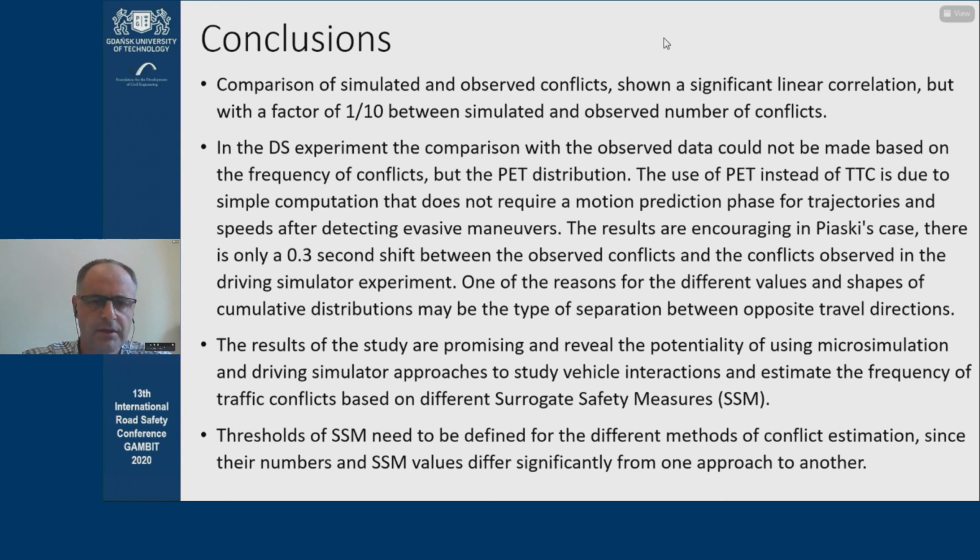When you look at the Piaski results of observed conflicts, there is this parallel shift, and it seems that data from the driving simulator could equally be used to estimate conflicts. However, it will take more work. And the Piaski side results are really surprising.